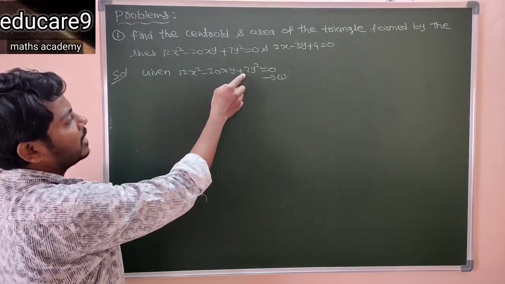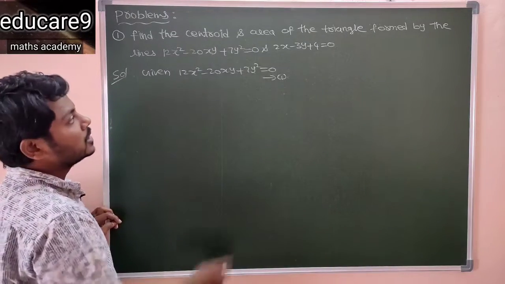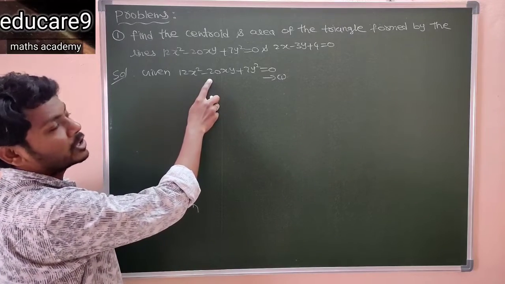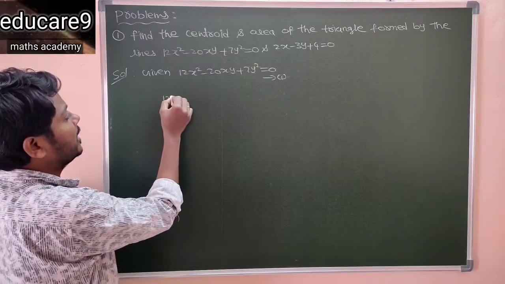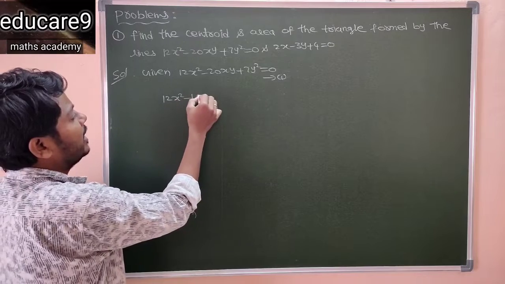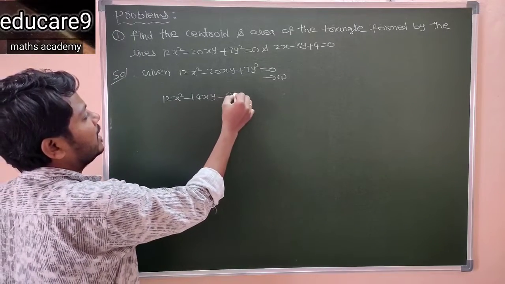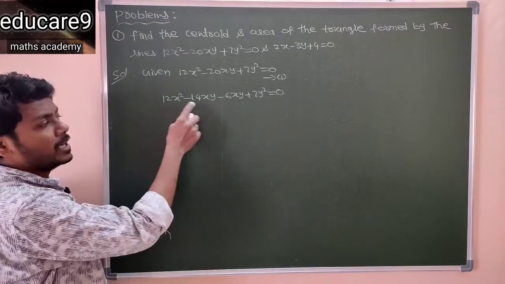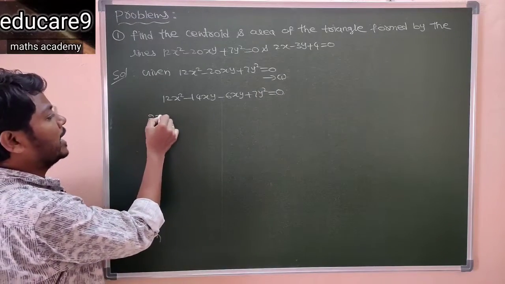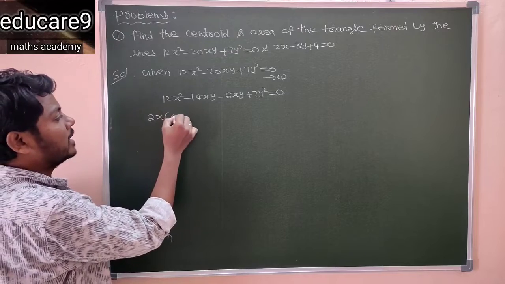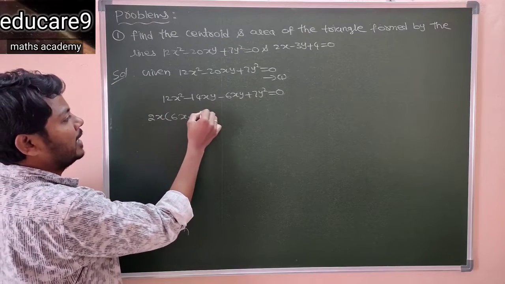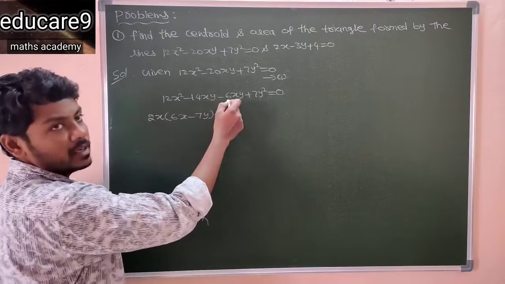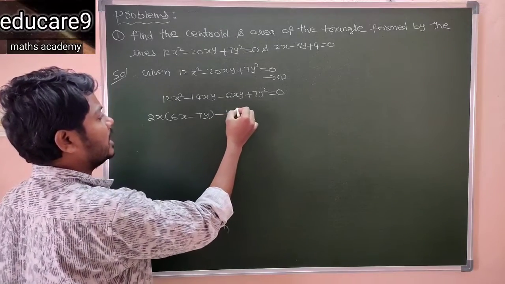So 12 into 7, 84. So what are the factors? Minus 14, minus 6. So this can be written as 12x square minus 14xy minus 6xy plus 7y square is equal to 0. See here, in both terms 2x is common. We will get 2x into (6x minus 7y). In both terms minus y is common.